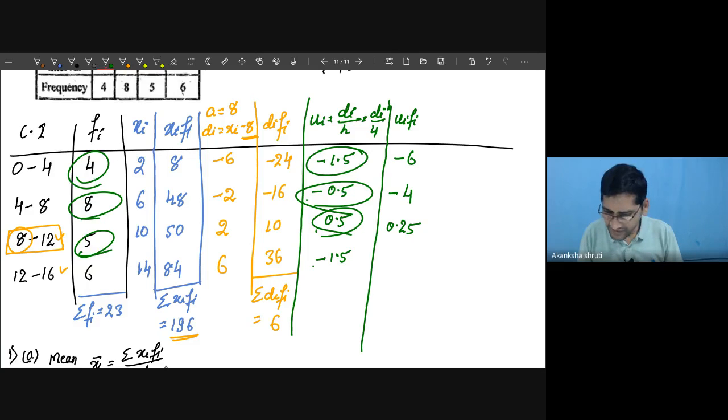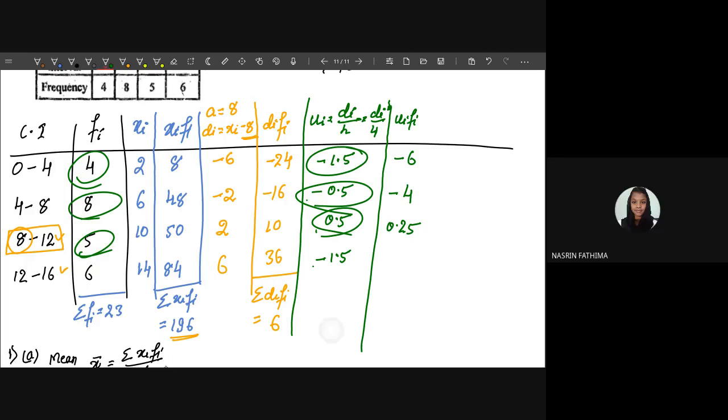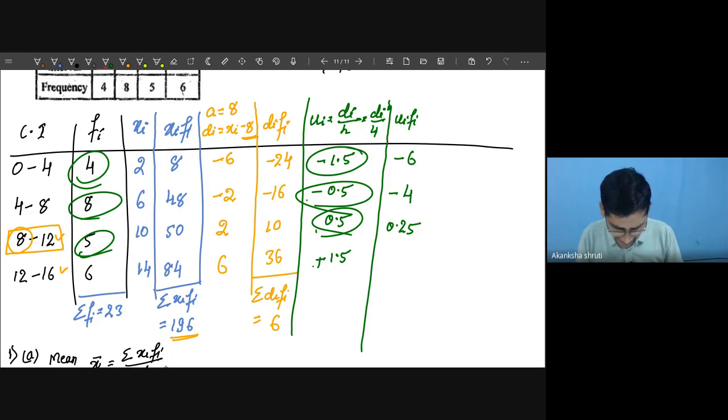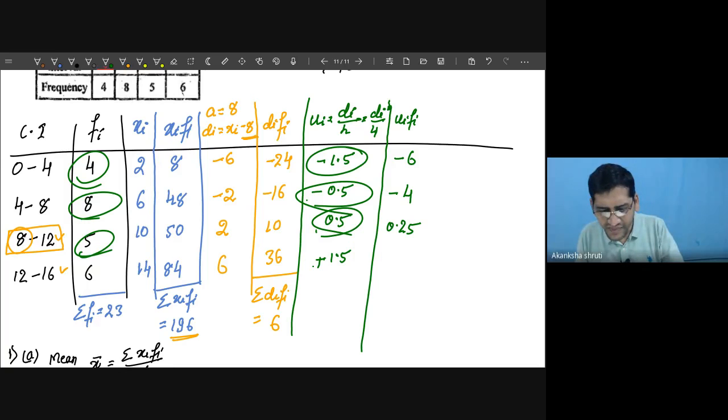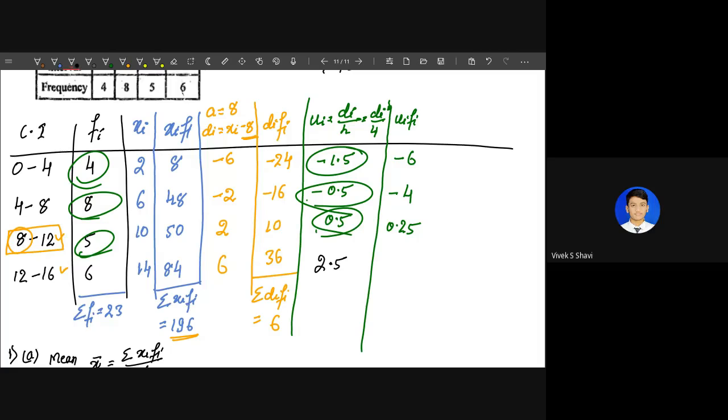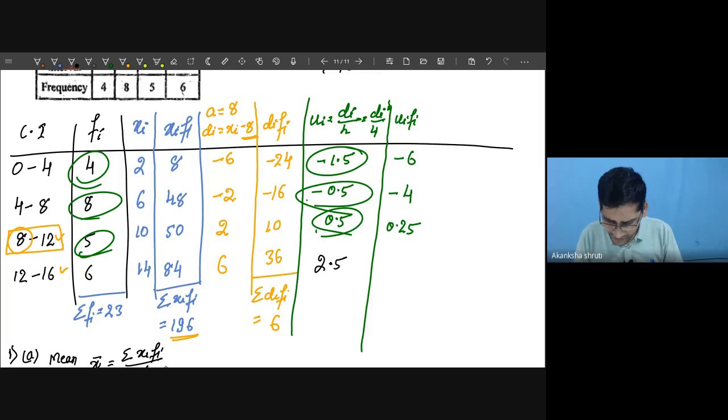Next one is 1.5. Why have we written this as negative? Sir, it should be positive. This was minus 1.5. So it is 2.5? Okay. Students, why is this 2.5? It was our 6 divided by 4. It was 1.5 only.